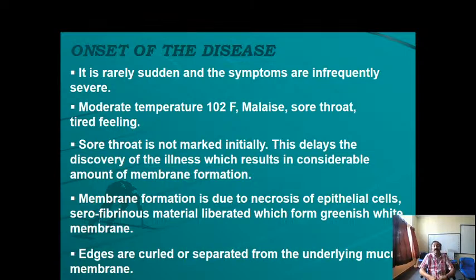This delays the discovery of the illness, so by the time it is discovered, you find that the membrane is completely formed. The membrane formation is due to necrosis of the epithelial cells, and a serofibrinous material is liberated which forms a greenish white membrane. Very, very typical.